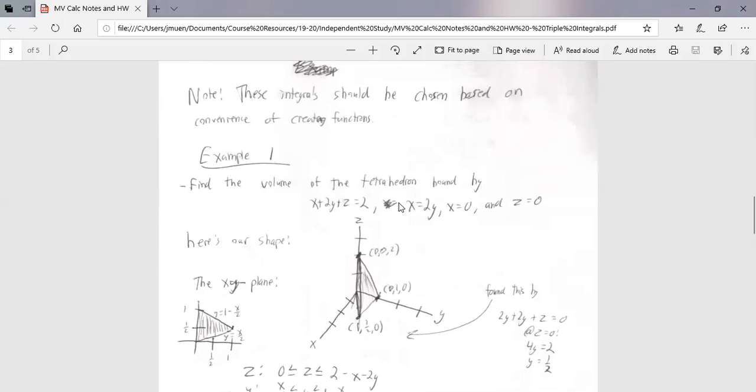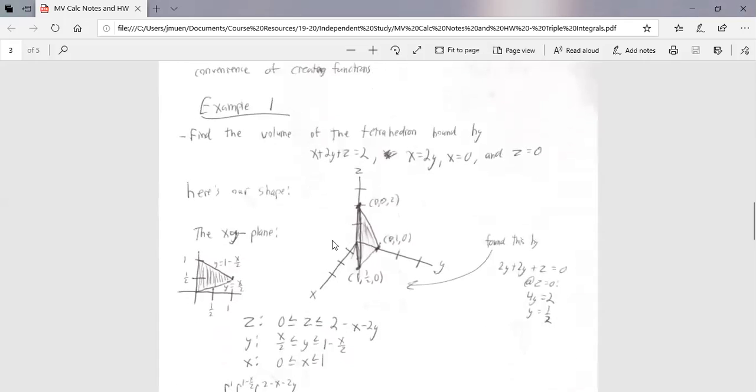We'll get into what having a function there means in a moment. So here's our shape, which I've tried to draw as best I could. What happens here is z goes from 0 to the plane, so z goes from 0 to 2 minus x minus 2y. That takes care of z, but we need to figure out what's going on with y and x.